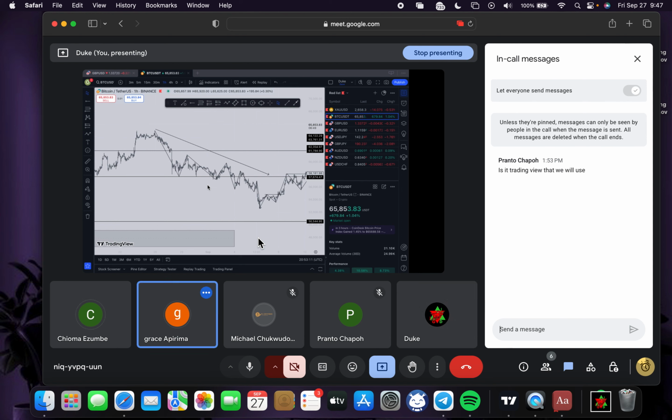It's another app on its own, TradingView. It is where you can analyze your charts properly. Then you can also use your MetaTrader. Once you connect it to your Xness, you can use it also. If you don't want to download TradingView, use your MetaTrader.